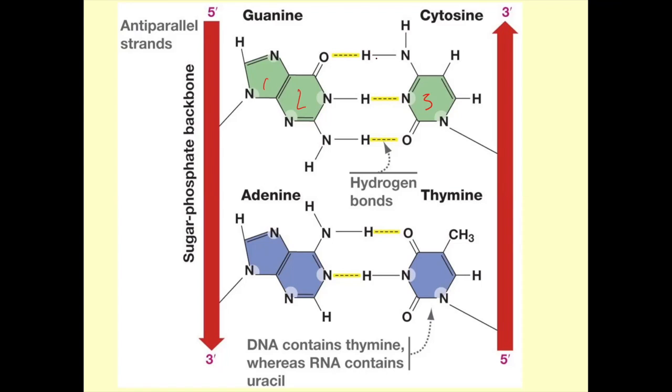The hydrogen on the amine group here has to align with the oxygen there to form a hydrogen bond. If it was trying to pair up with A, it wouldn't align next to nitrogen or oxygen. Nitrogen or oxygen are capable of forming hydrogen bonds, and fluorine for that matter.